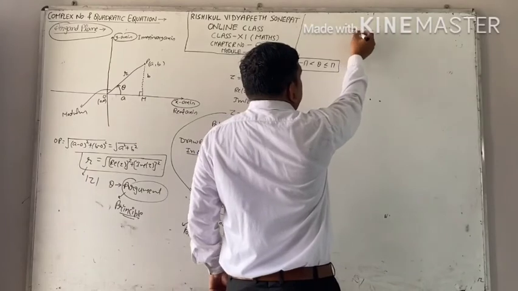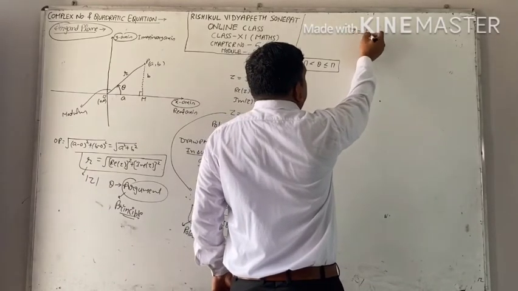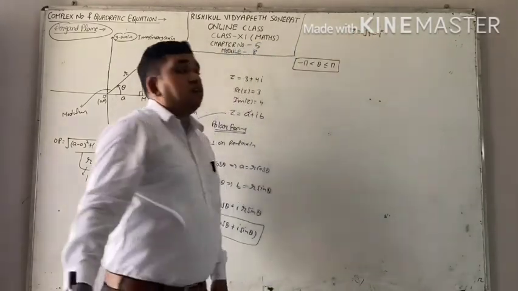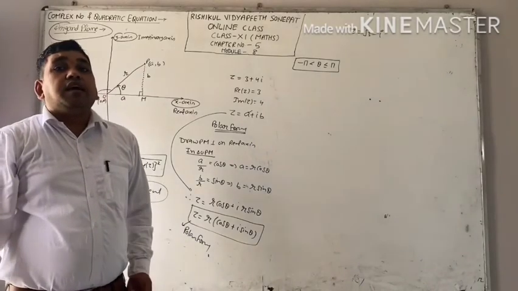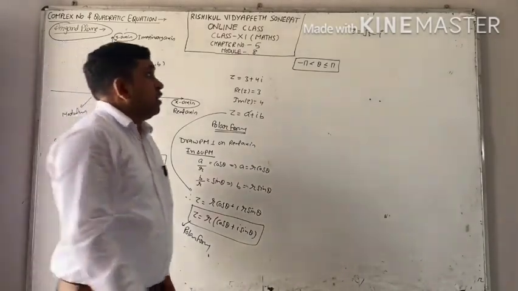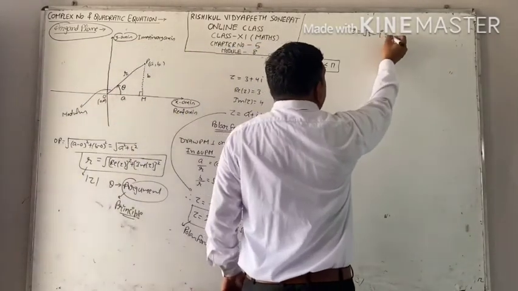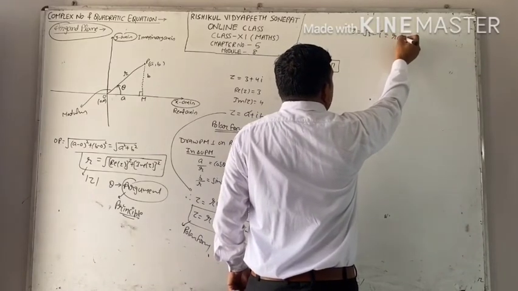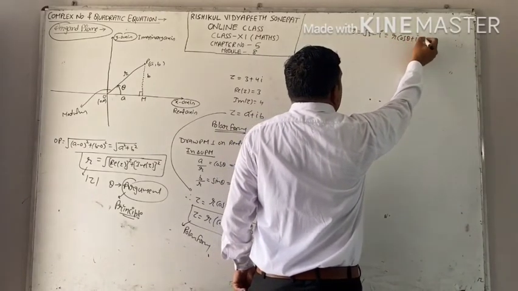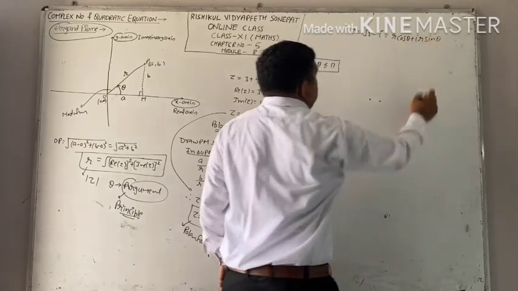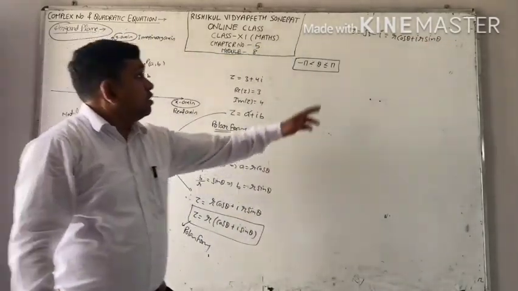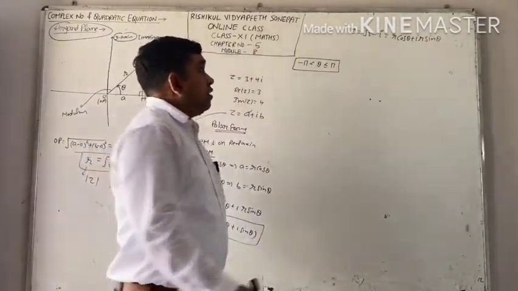Suppose z equal to root 3 minus iota. I want to convert this complex number into polar form. How will you convert? Let this equal r cos theta plus iota r sin theta. This is your polar form. Now these two complex numbers are equal.